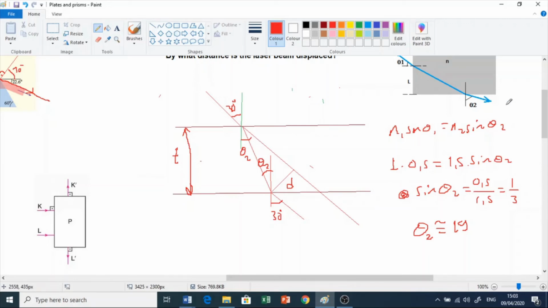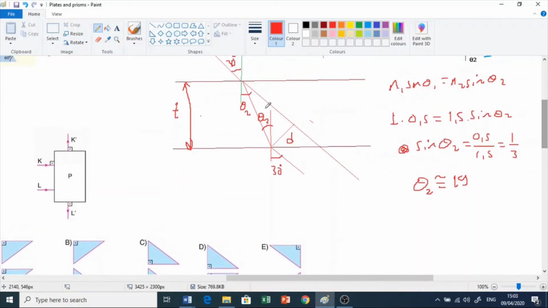To calculate the amount of deflection, I am going to use some triangles here. Here we have a triangle. Please look at this triangle. In this triangle, this is theta 2 and it is 19 degrees, and this side has a length of t. Let's call the length of this refracted ray L. How can we write the cosine of theta 2?